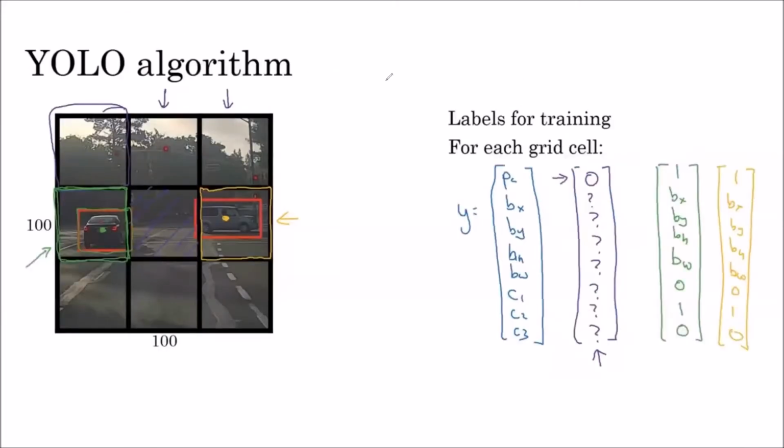Suppose we have considered these 9 boxes because this is a 3 by 3 grid. Here there is no car, here there is no car, and so on for the other empty cells. But in these two cells, small portions of the cars are available.